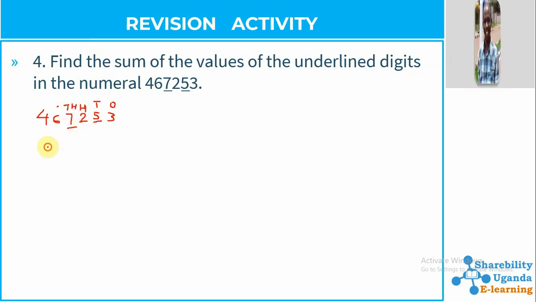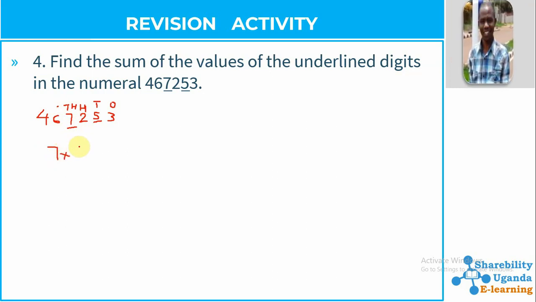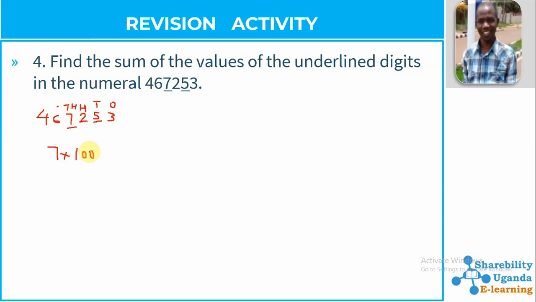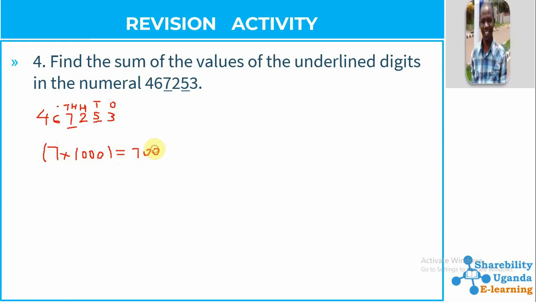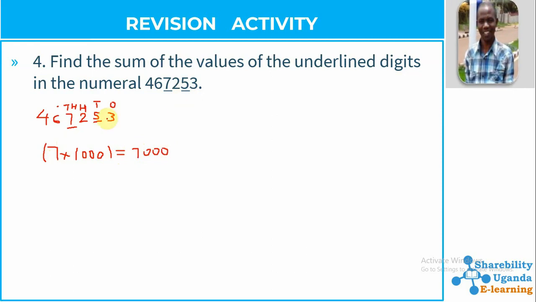We have our 7 as 7 times 1,000, and we get the product, which is 7,000. Then we come and look at our 5.